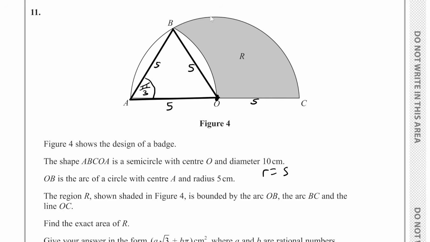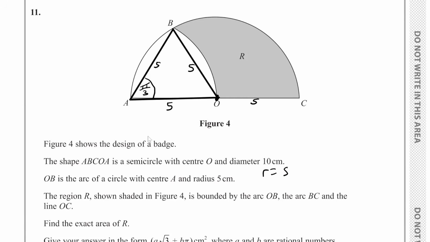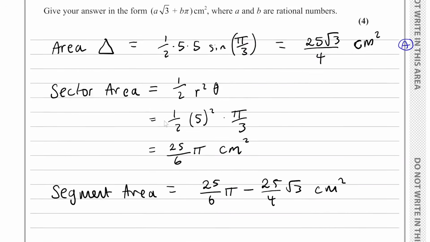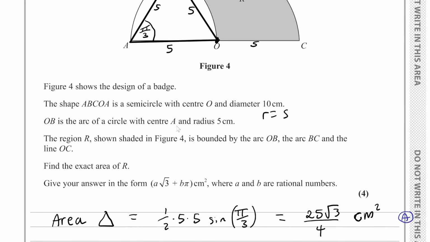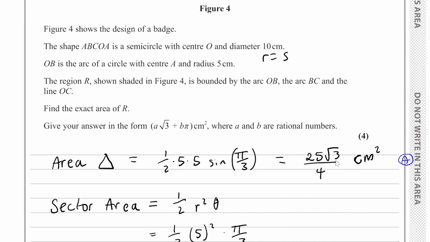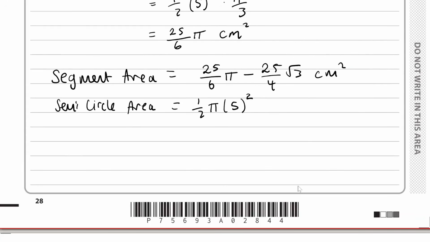We just need to take that away from the whole shape, which is, well, half of pi r squared, half of the whole circle. Semicircle area is half of pi times the radius squared. So we've got the semicircle, take away the triangle, take away 2 segments.